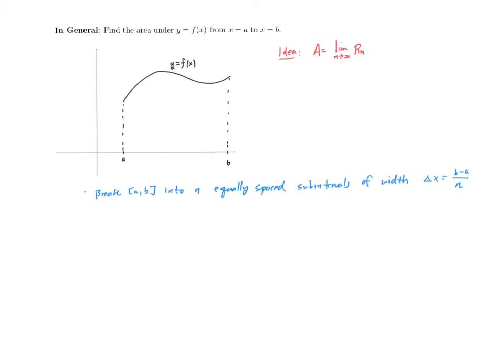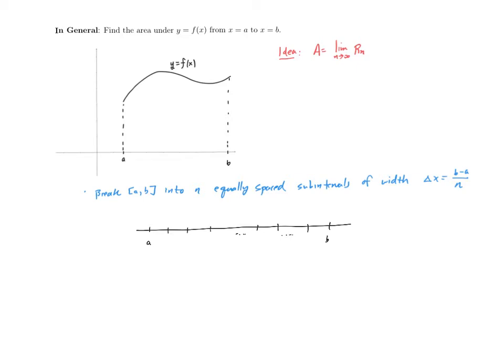And I'm going to go ahead and draw a separate number line just to assist us. So we have a to b, and we're breaking it up into n equally spaced subintervals.